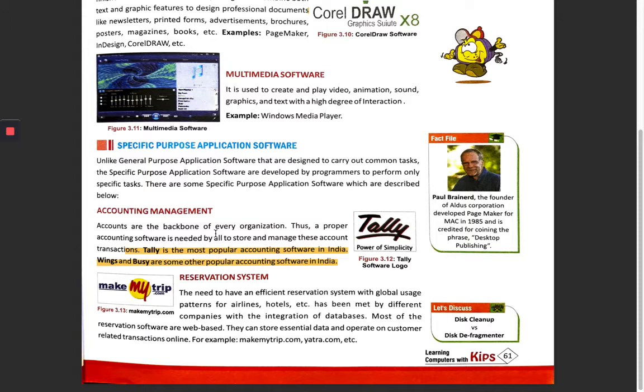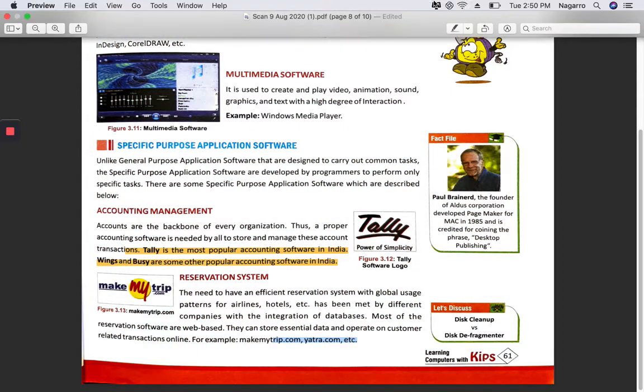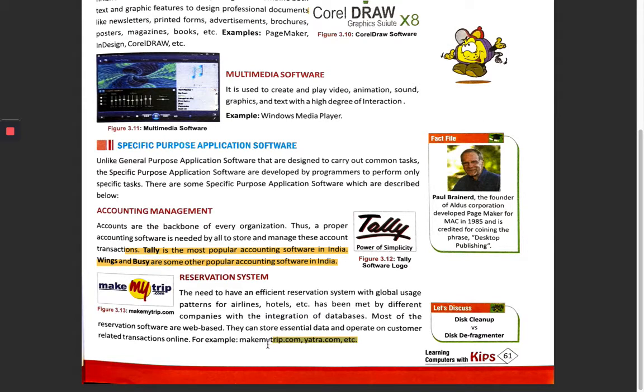For example, Make My Trip, Yatra.com, and there are so many others also. These can store essential data and operate on customer related transactions online, and these are available 24/7 to provide you the best efficient services.